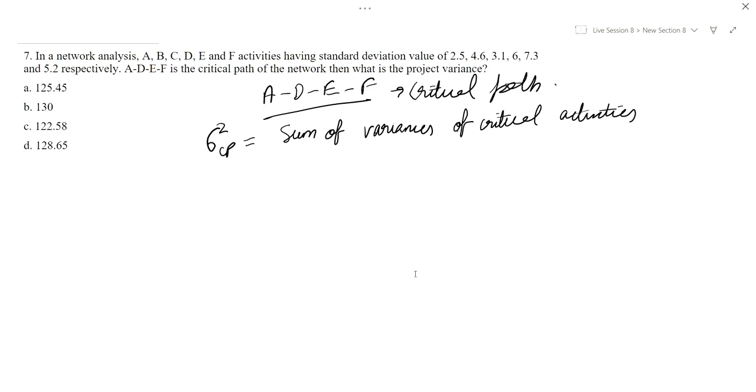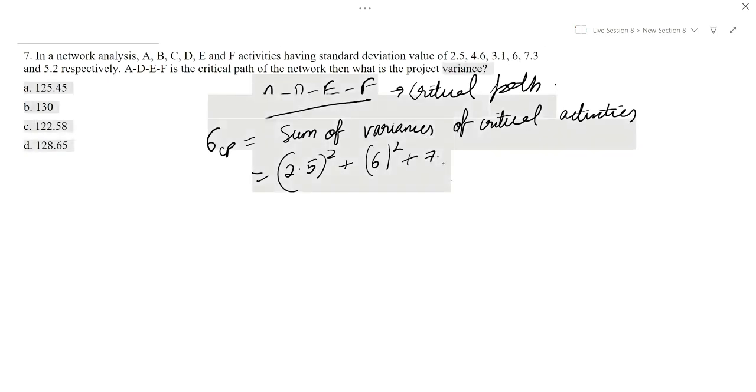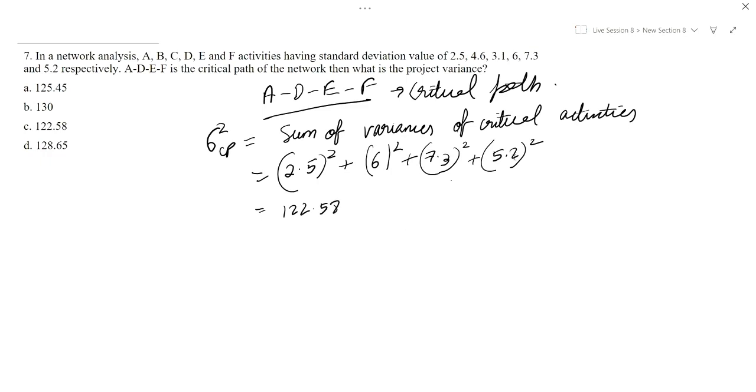We have the standard deviation given, so we will take the variances of the critical activities: 2.5 square for activity A, 6 square for activity D, 7.3 square for activity E, and 5.2 square for activity F. This will be a total of 122.58.